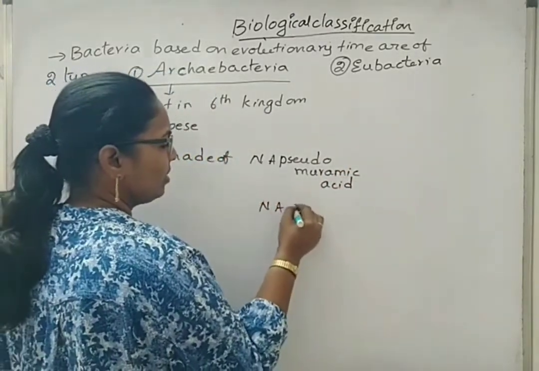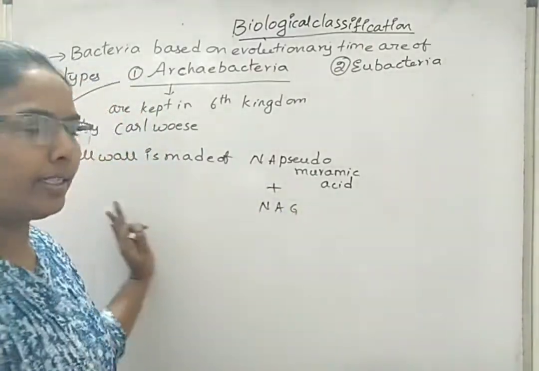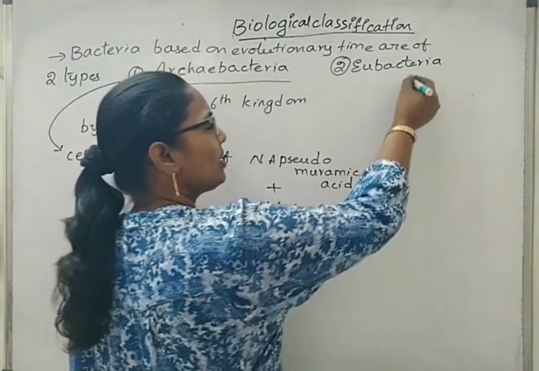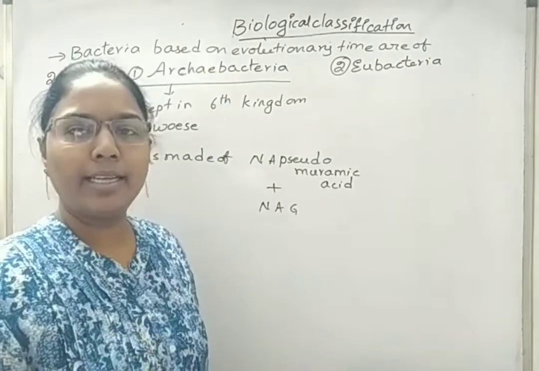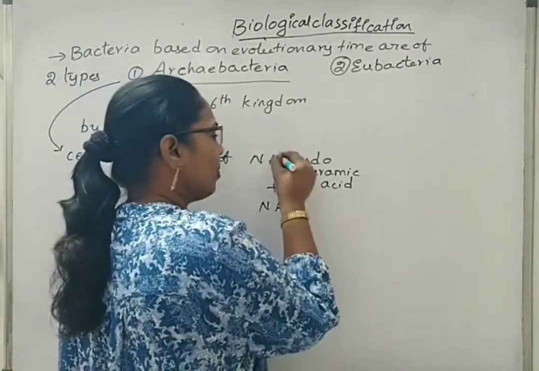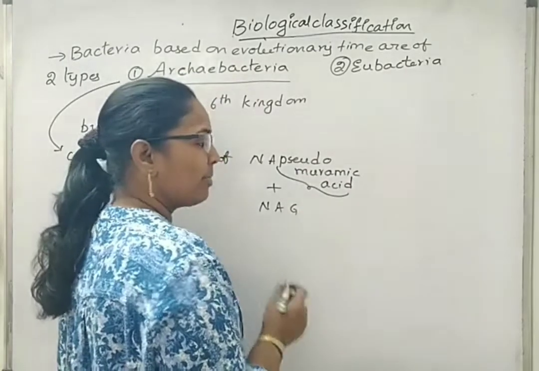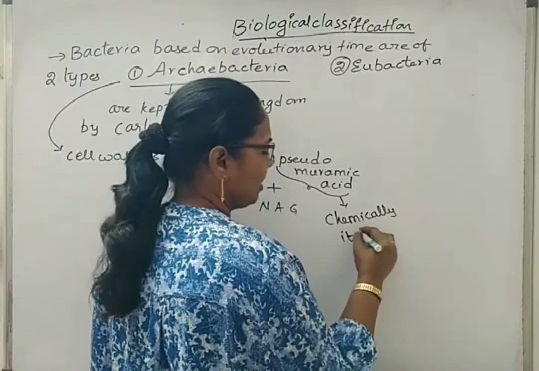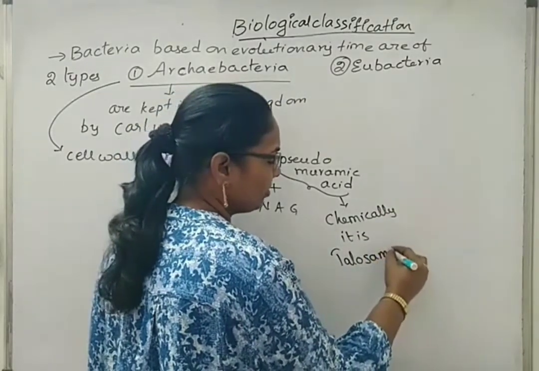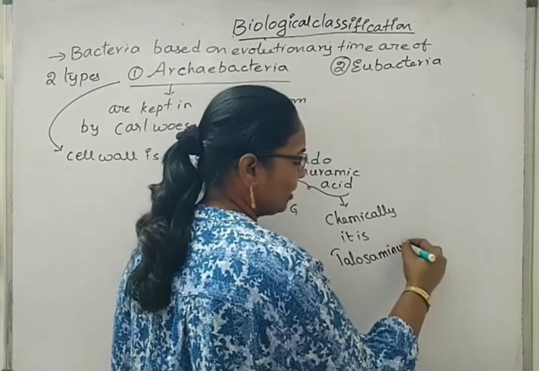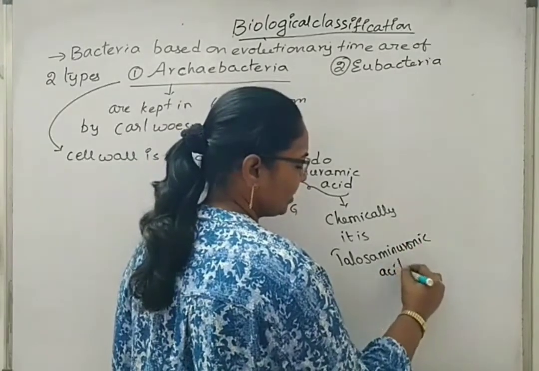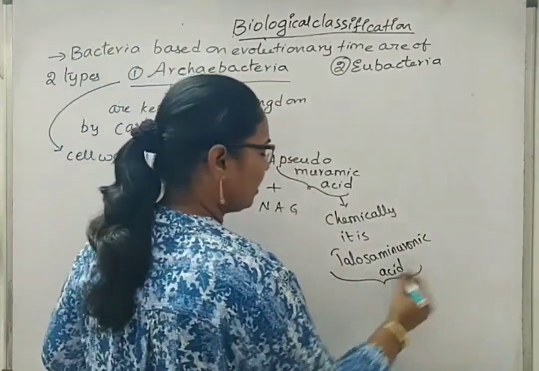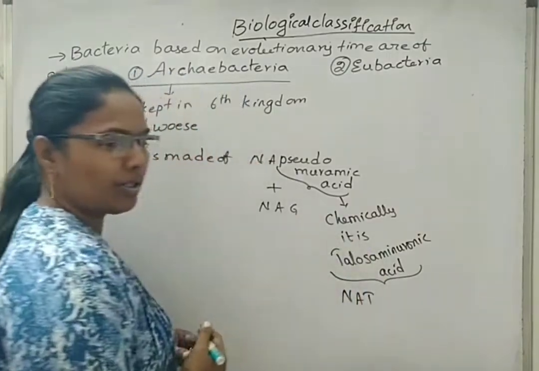N-acetyl glucosamine is common in Eubacteria and this one, but in the case of muramic acid, the cell wall is made up of N-acetyl glucosamine and N-acetyl muramic acid. What is this pseudomuramic acid chemically called? Chemically, it is talosaminuronic acid. We call this one pseudomuramic acid, also written in shortcut as N-acetyl T.